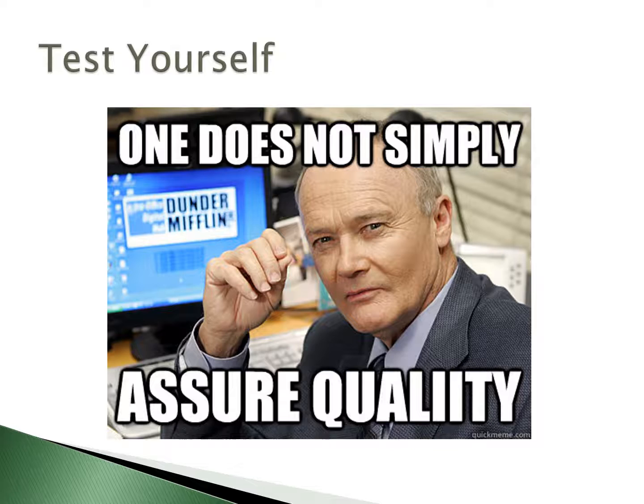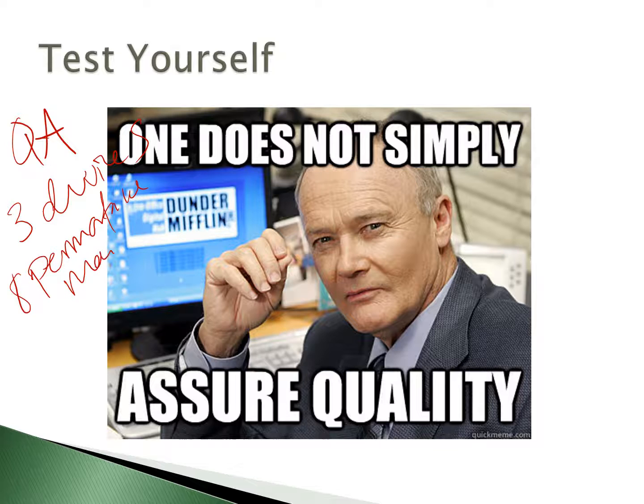So you need to know what goes into a QA program, what we're doing with it, and what the goals of it are. You also will need to know the 3 devices that we use to test the machines, and you'll need to know the 8 performance measures and what they are and how we test them with a soft tissue phantom.